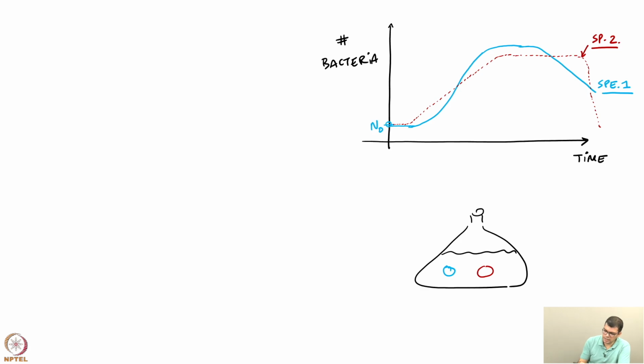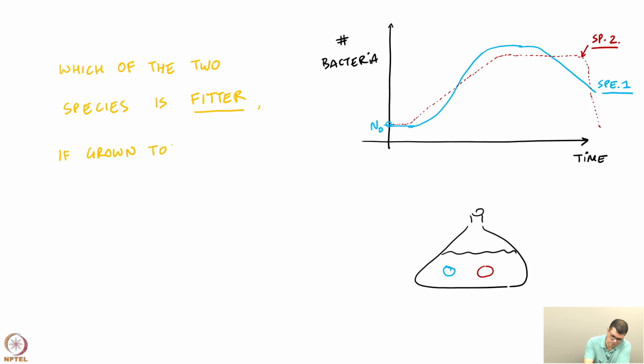But if I were to collectively grow them together, let's pose this question as the following: which of the two species is fitter if grown together in a flask?